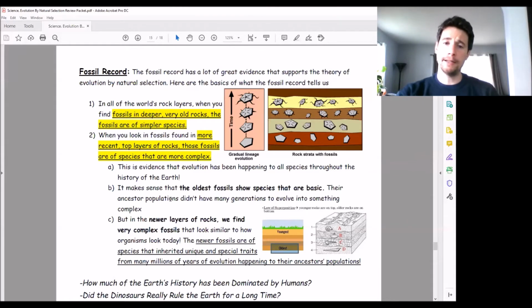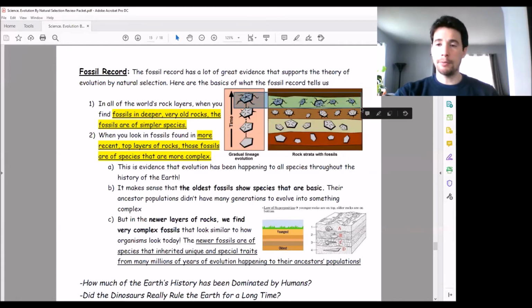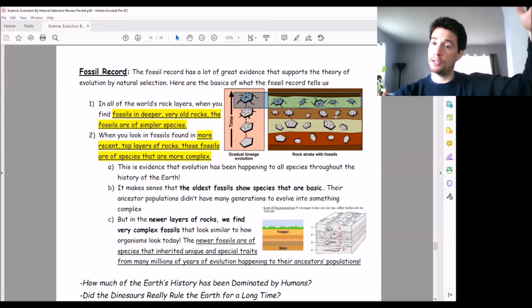We find that in the very, very old rock layers, the organisms, the fossils we find, are very simple. And then in the newer rock layers, the fossils that we find are more complicated. They're more complex because those species are newer, and so there have been more millions of years of evolution.